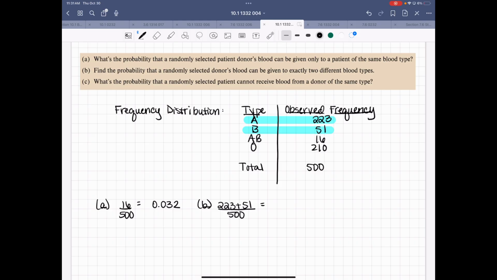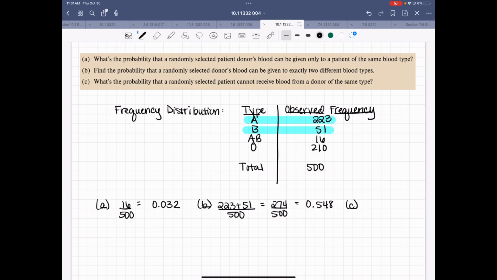That gives me 274 over 500, which gives me 0.548 when I put that in, because I know we're over time.